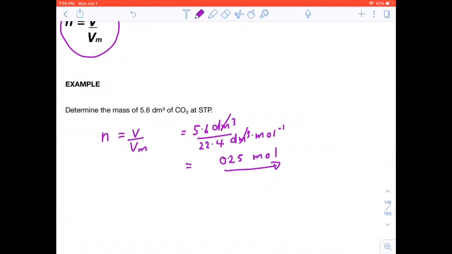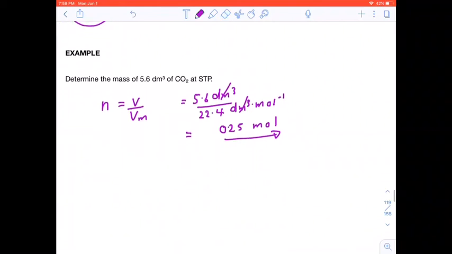Okay. But we want to know the mass. So if we want to know the mass, we know the relationship n is equal to mass over the molar mass of CO2, right?